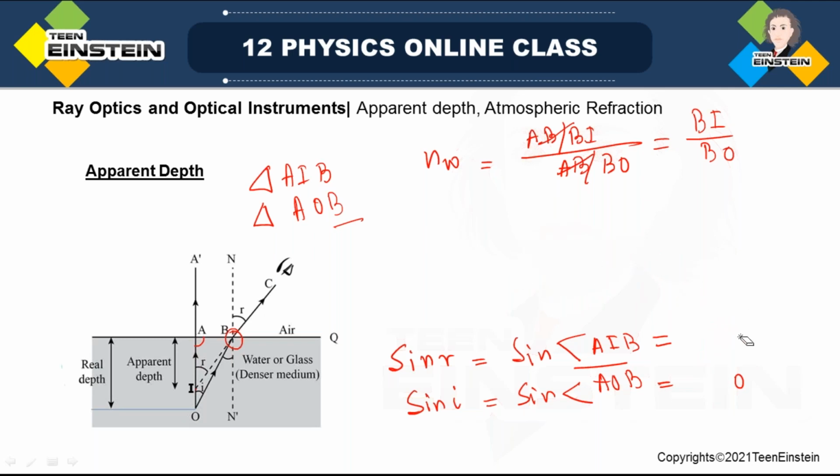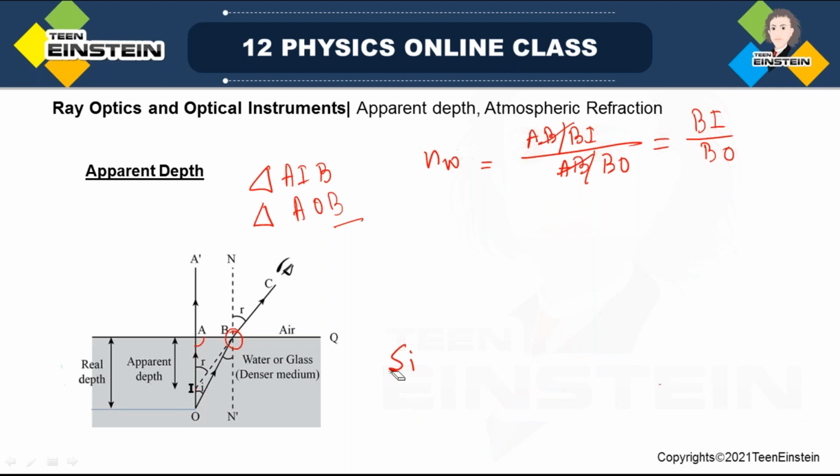See, human eyes, the eyeball, are very small in dimension. So if we want to see something, the rays have to be entering into our eyes, and that happens through our eyeball.